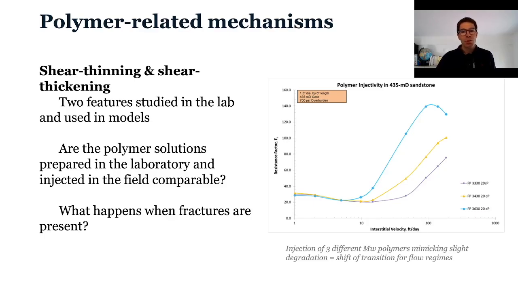If you cut these chains, you also shift the onset of shear thickening, and the in situ rheology profile will shift, which is quite important. So a slight change in the polymer solution characteristics will have a substantial impact on the rheology inside the reservoir, which is good to understand.